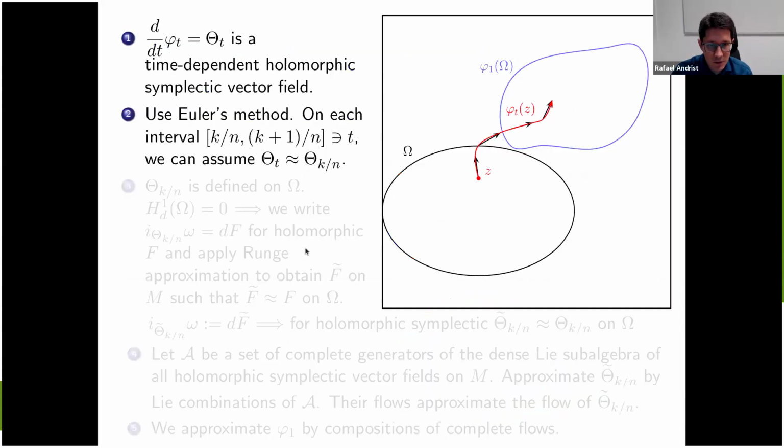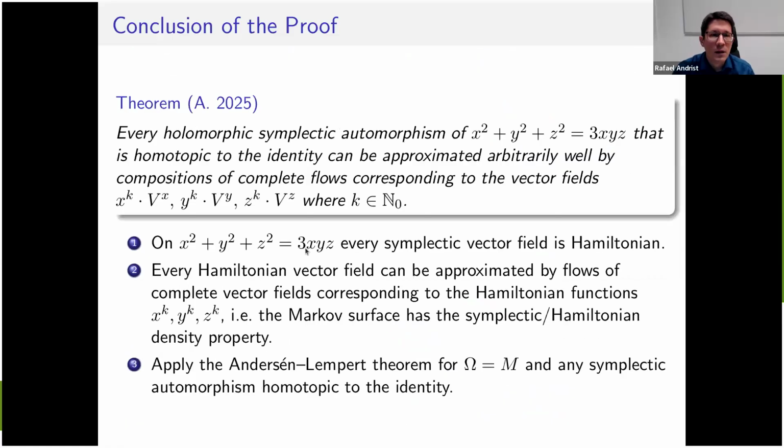Okay, so I'm going to skip the proof, and go back to the theorem that I wanted to prove. So just to recall the steps, we had every symplectic vector field is Hamiltonian. And every Hamiltonian vector field is in this Lie algebra generated by the Hamiltonian functions x^k, y^k, and z^k. So we can approximate every Hamiltonian vector field by the flows.